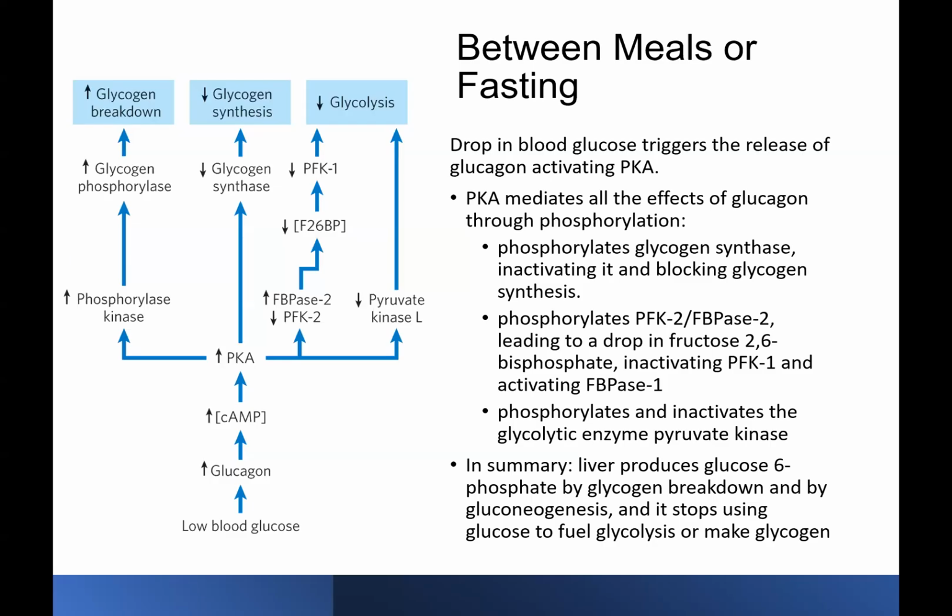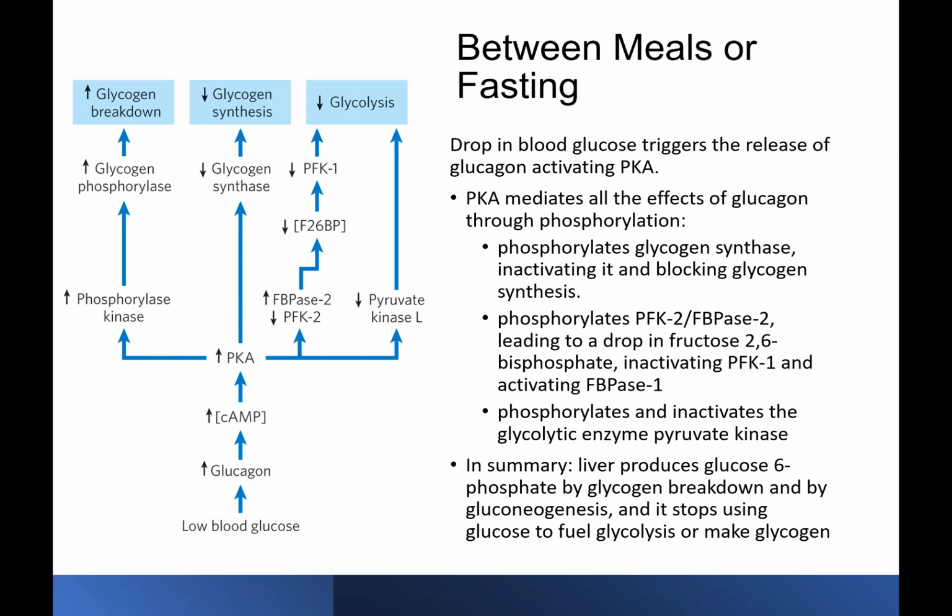Last time, you will recall that we were talking about the roles of insulin and glucagon in controlling glycogen metabolism as well as glycolysis. So we looked at the well-fed state, and of course, when we're well-fed, we're in the business of taking our glucose and making glycogen or using it for glycolysis.